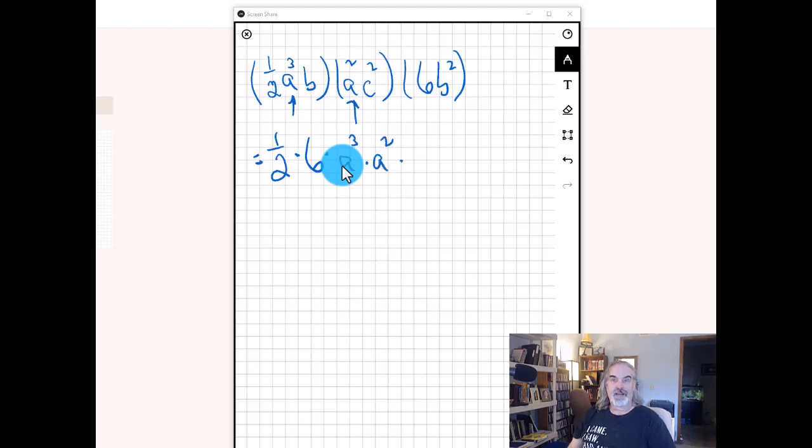Now let's track down the b's. There's a b from the left and a b squared from the right. And what else? There's a lonely c squared in there too. Now clean it up. The 1/2 times 6 is 3. The a cubed times the a squared, that's a to the 5th altogether. We have b cubed altogether, and then that lonely c squared is still just c squared, and that's as good as we can do, and boom, we're done.